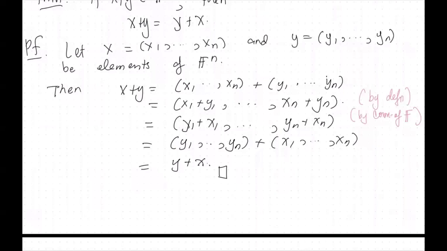Sometimes you can use Q.E.D. if you are a classic person. A box is also okay. Okay, so that's it for our first proposition.